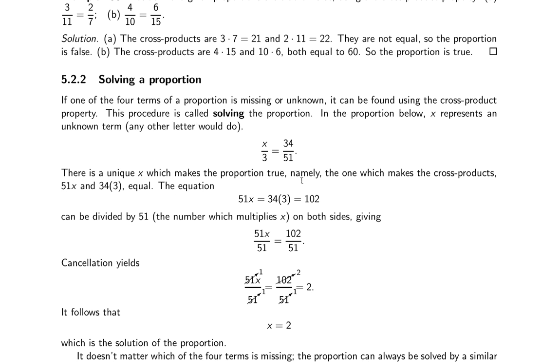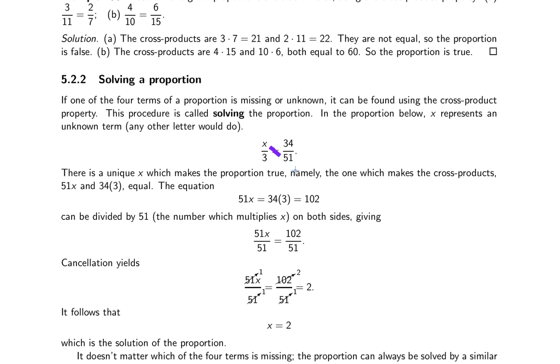All right, so here's a proportion we're trying to solve. x over 3 is equal to 34 over 51. I think that does simplify, but let's just do it. Follow the book here.